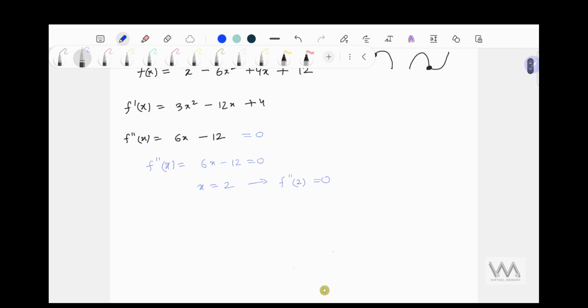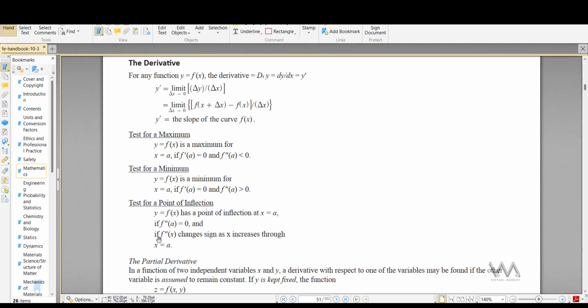Now the next thing that the FE handbook says is that the second derivative changes sign as x increases through x equal a.